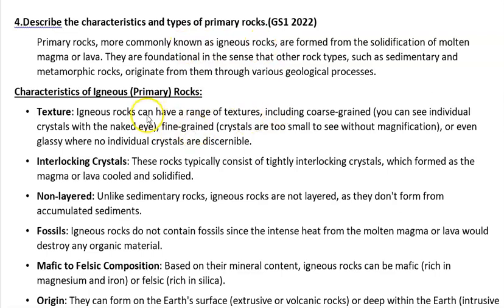Then what are the characteristics of igneous rocks? One, you can say what you are seeing when you visualize it for the first time. It's texture, right? It can be either coarse grained, that means you can see small crystals on the surface, or fine grained, that means very tiny crystals that we cannot see without a magnifying lens.